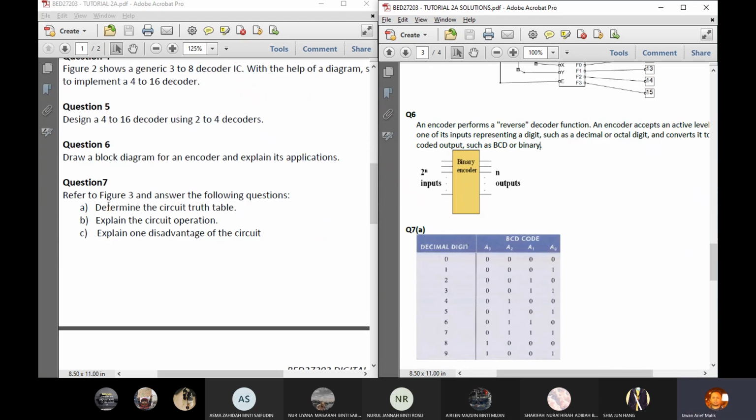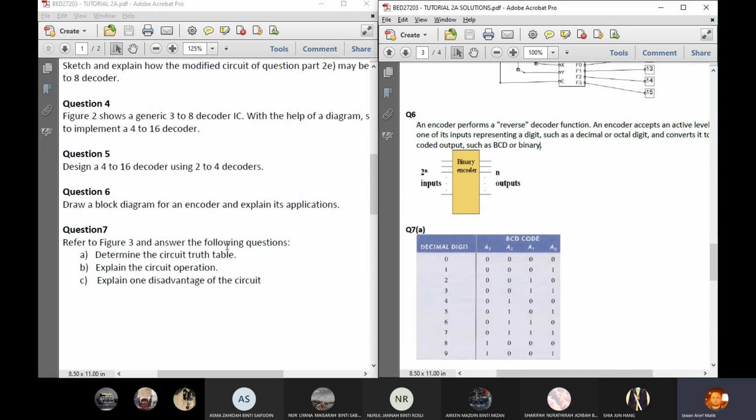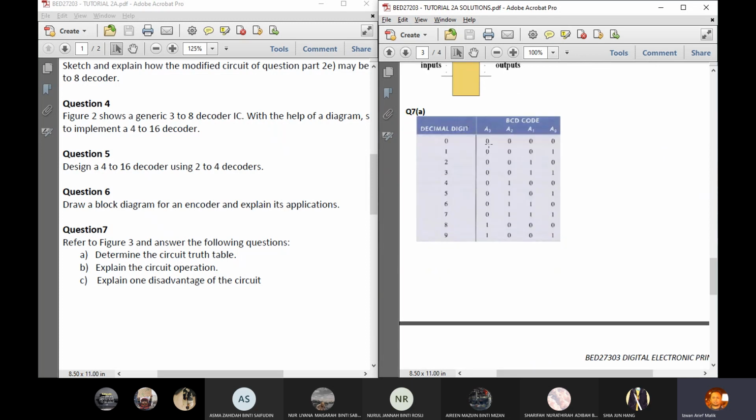Okay, number 7 referring to figure 3. So this is figure 3. Answer the following questions. Determine the circuit truth table. So if you look into this truth table, you have decimal digits from 0 until 9. Okay, so meaning that now it is an encoder which can convert decimal numbers, from 0 to 9 only, into a BCD code.